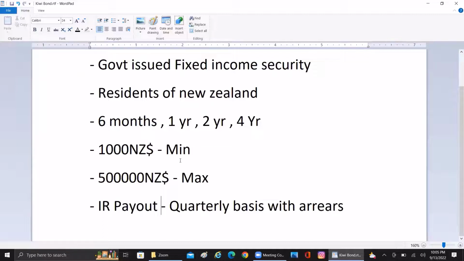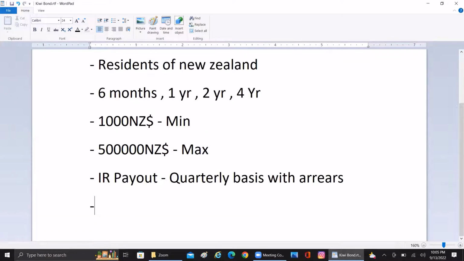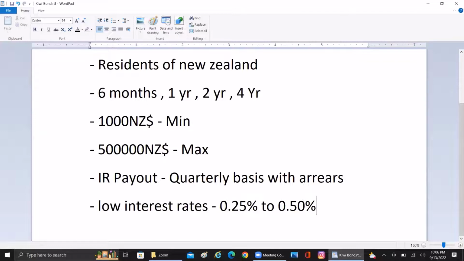But the only disadvantage in these Kiwi bonds is that they provide low interest rates, as low as 0.25 percent to 0.5 percent.